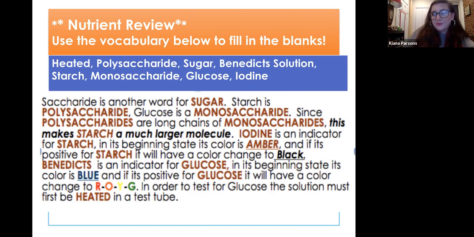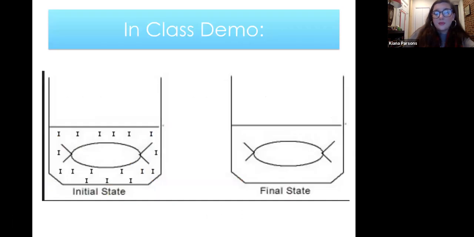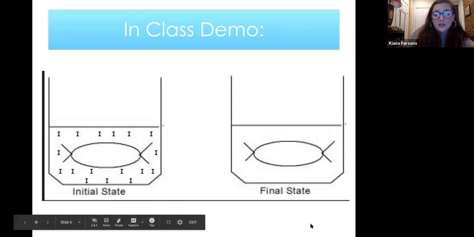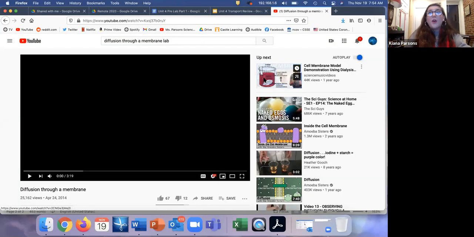So now we're going to take a look at an example. We are going to watch a short little demo of this together, and I'm going to comment on it, and then we're going to do the last part of the handout together.